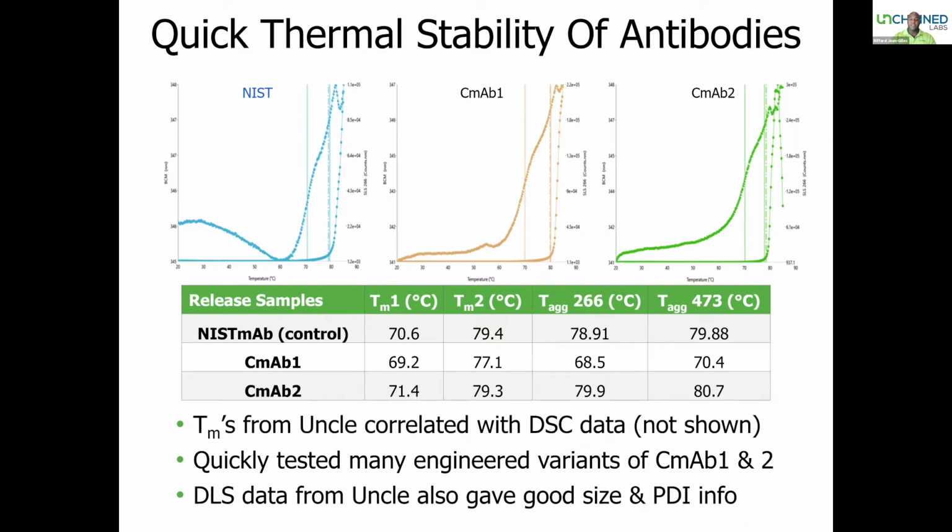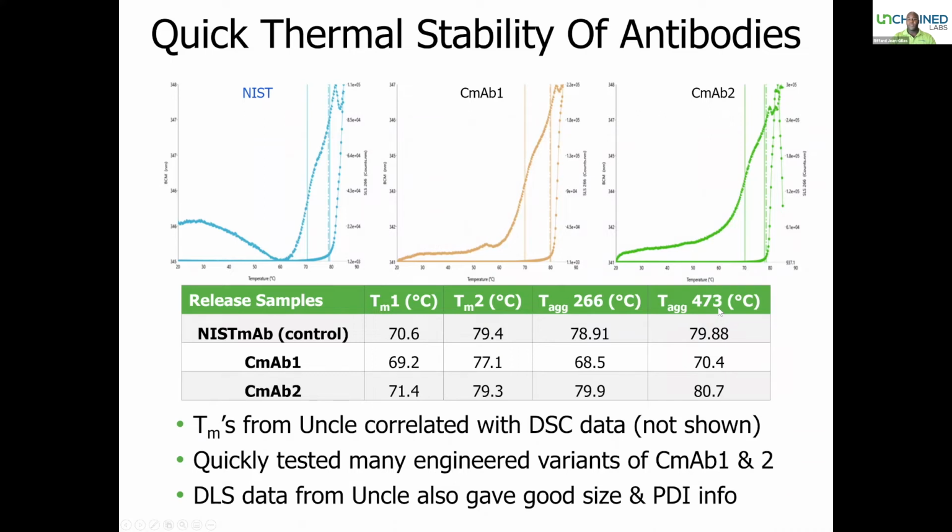What you can see is that from that single experiment, right, we're able to not only assess the melting temperatures. In this case, there were two temperatures that we noted here, TM1 and TM2. And then we also were able to measure the temperatures of aggregation at 266 nanometer and at 473 for the samples.